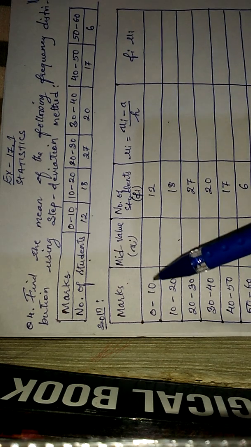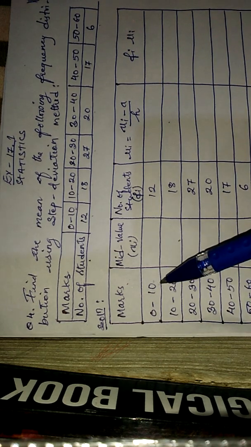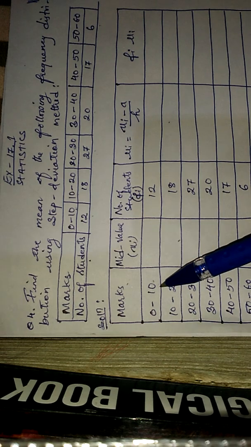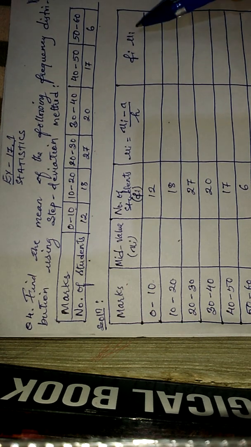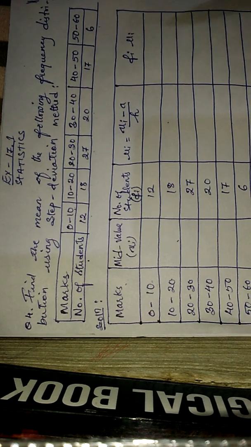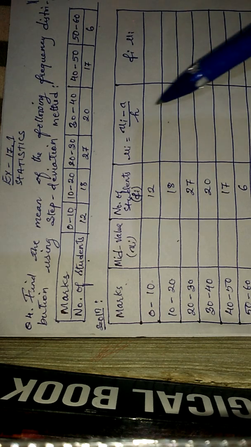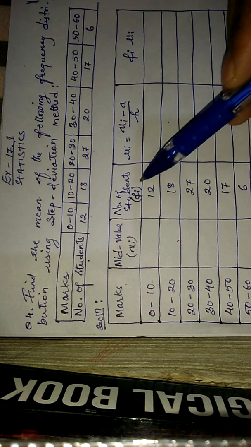To get the height of the class, we have to subtract the lower limit from the upper limit. Then the last column is for the product of frequency and ui. We will have ui in this column, and the frequency is given in the question.